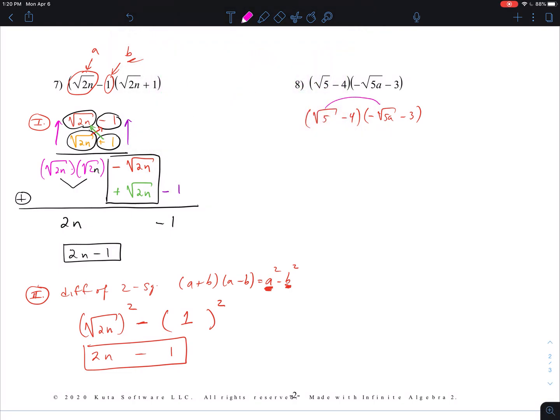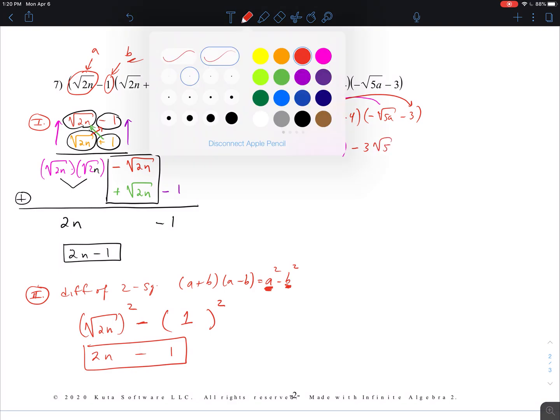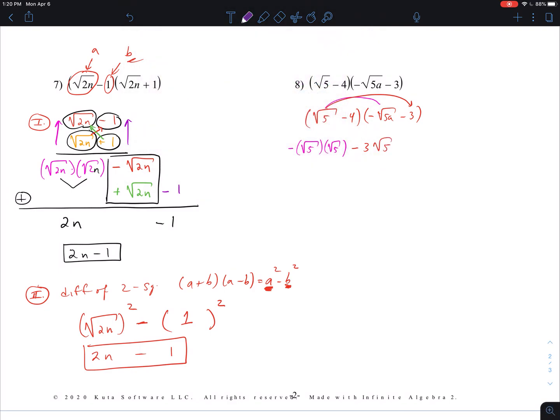So square root of 5 times the negative square root of 5, that's negative, I'll draw it out again, square root of 5. Okay? The next one we have is the square root of 5 times negative 3, so that's minus 3 root 5. Next one we have is negative 4 times negative root 5a.